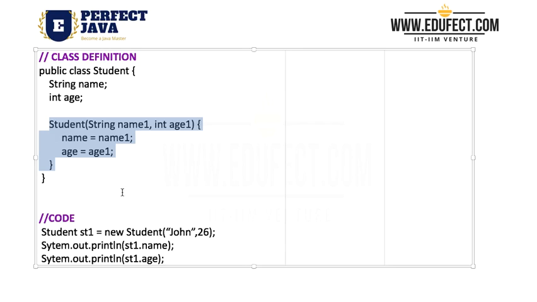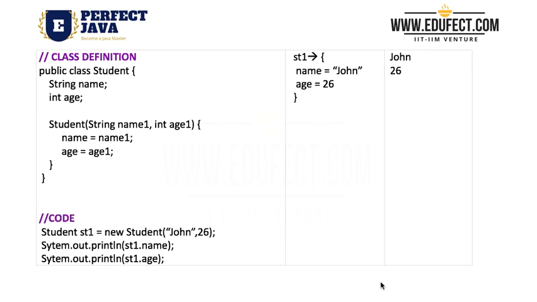So this matches, and hence it would create a student st1 with name equal to John and age equal to 26, as we have studied. Now when we print it, st1.name is John and age is 26. So this will get printed on the screen.